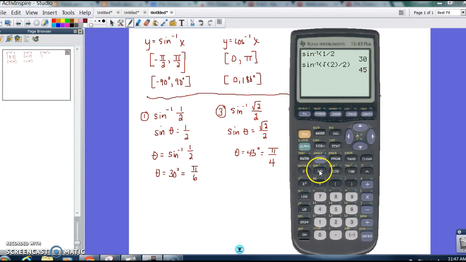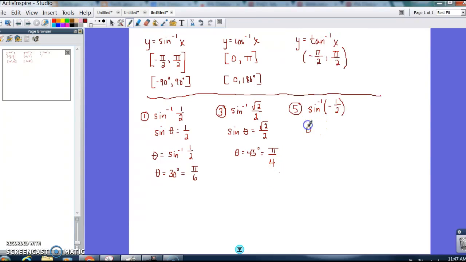But what I want you to understand is what's actually happening. So let me show you what happens when you put it in the calculator. Negative 1/2 or negative 0.5. And it gives you an answer of negative 30 degrees. So your answer here is negative 30 degrees, which in radians would be negative pi over 6.